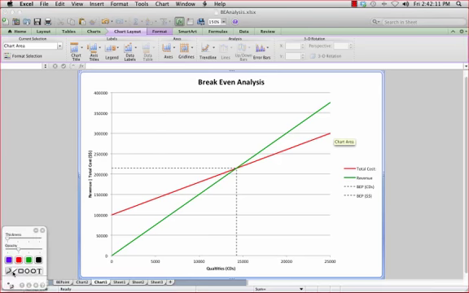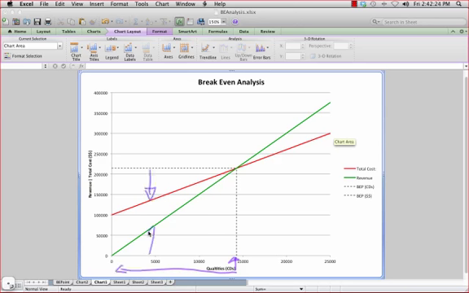And again, just a reminder that the way to interpret this is below the break-even point. So between 14,000 and so on CDs down to 0, our costs exceed our revenues. So we're going to experience some losses in this region.